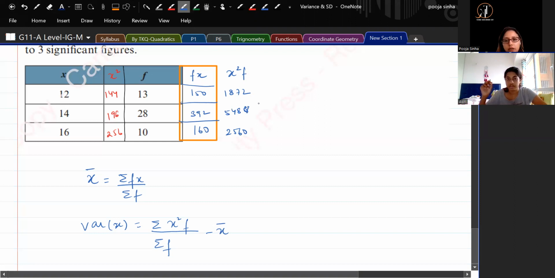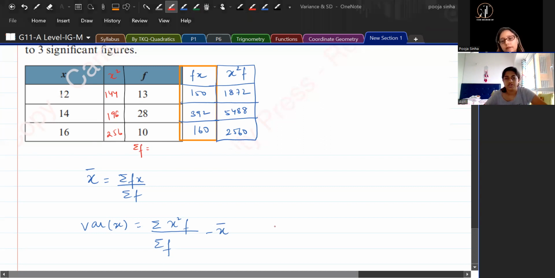But when you're doing these questions now, you have to show these columns, because that's how I want you to do it in your notebook also, because you will be marked based on all of this, right? Now I need sigma f here. 13 plus 28 plus 10, which is 51.